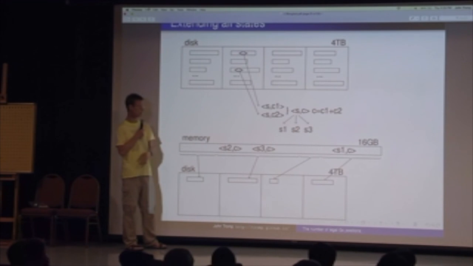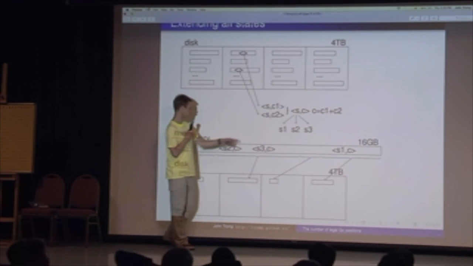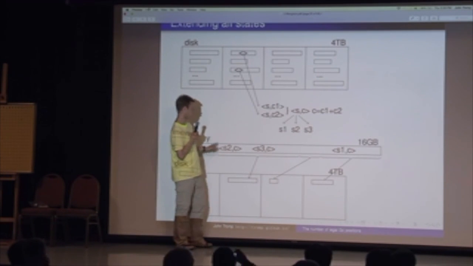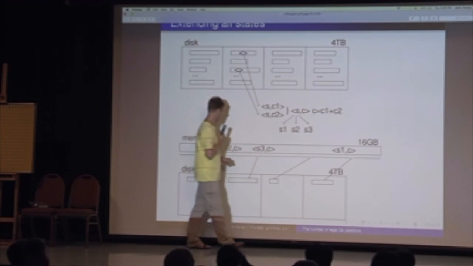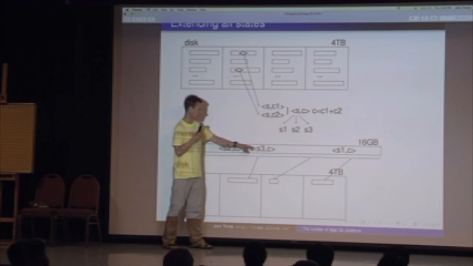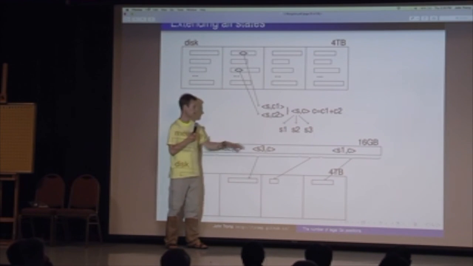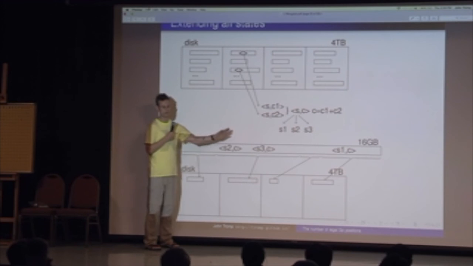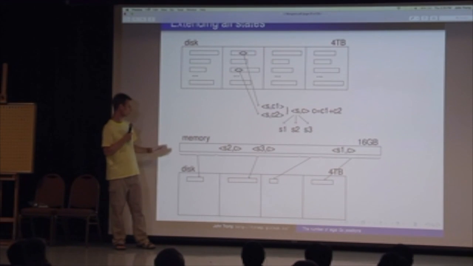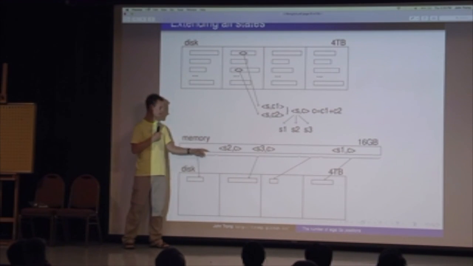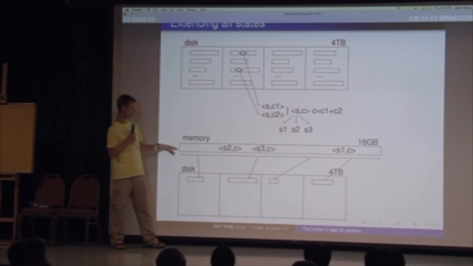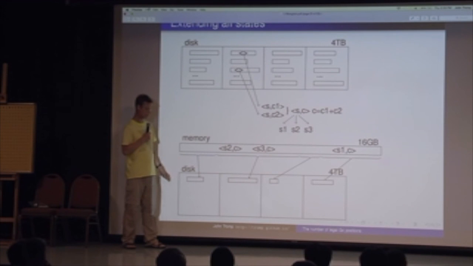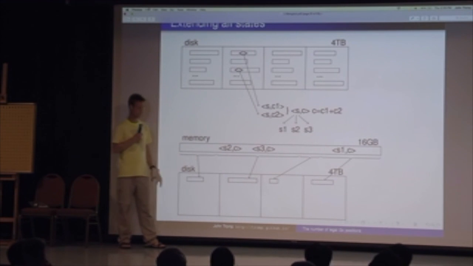So then in my memory, I accumulate these successors. I say S1 has a count of C, and I have an S2 with a count of C and an S3. And ultimately, when your memory fills up, you will sort all this data by state, and then you will again use your partition table to partition it for the next round.